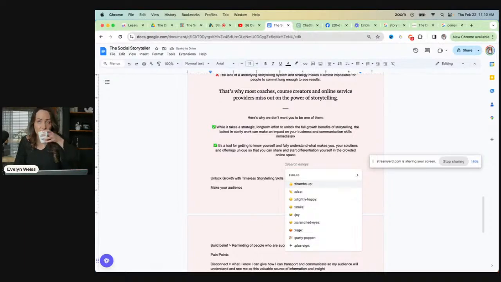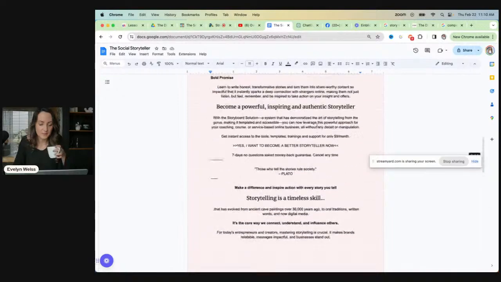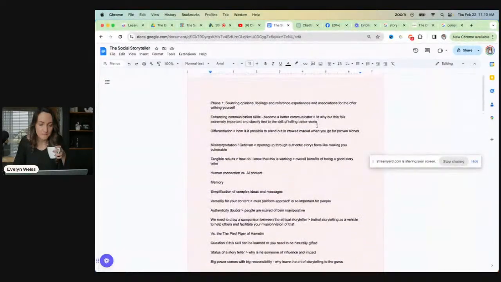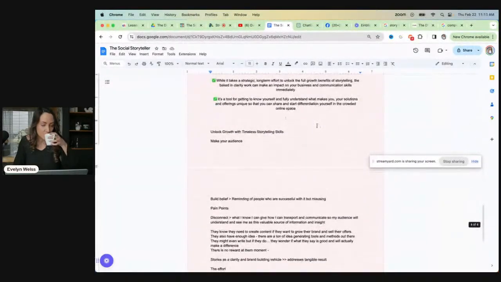What else do we need it for? Let's go back to the key benefits. So, good stories are truly transformative.